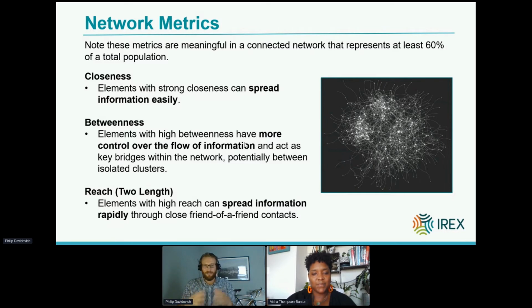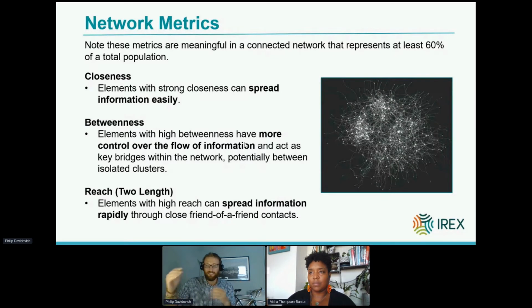So when you think of betweenness, think of a true central information hub. A really high betweenness score means most of the information in the network goes through that individual person. And then closeness: elements with strong closeness can spread information easily.